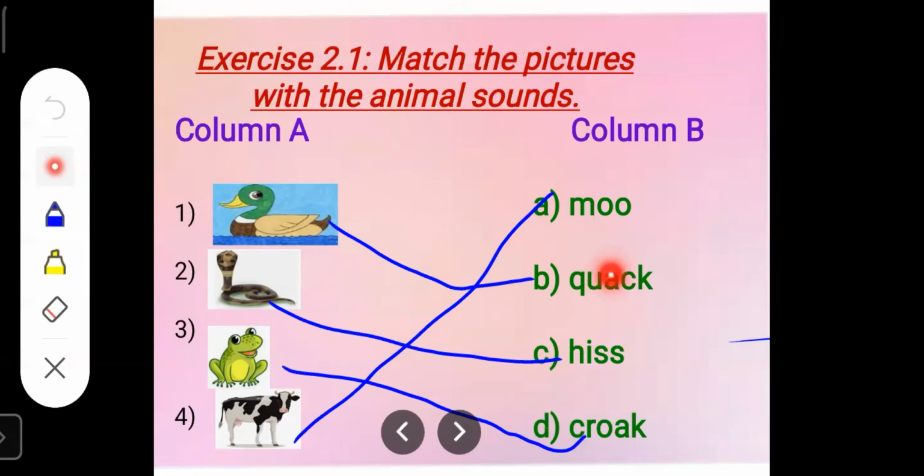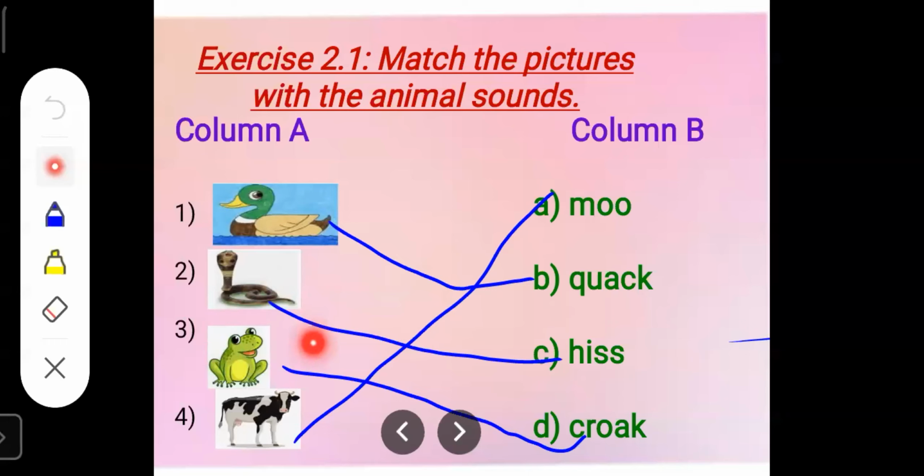Then is a snake. The snake is a very dangerous reptile, isn't it? And the sound made by a snake is called hiss. So we have matched snake with hiss. Next animal is frog.